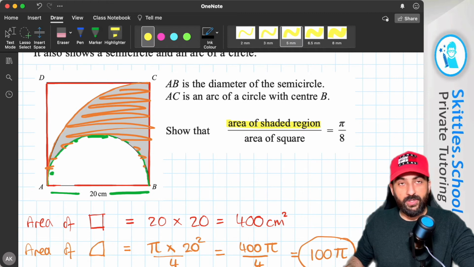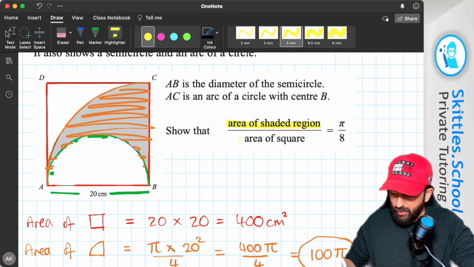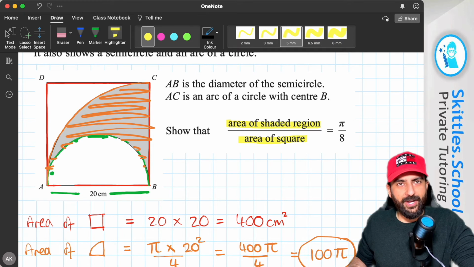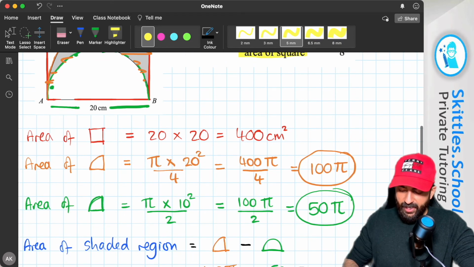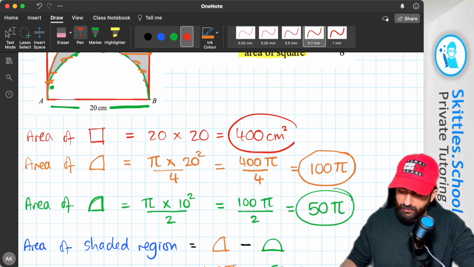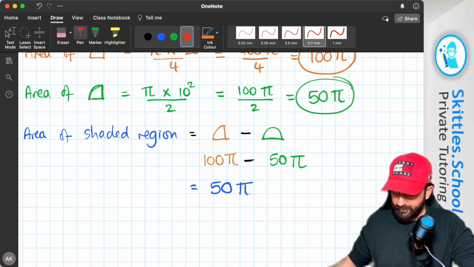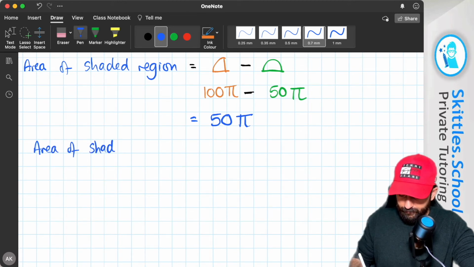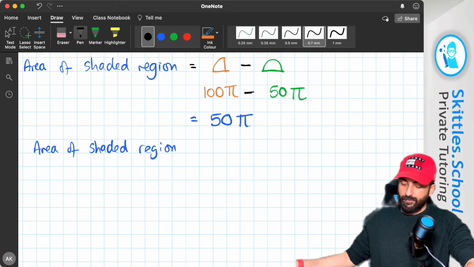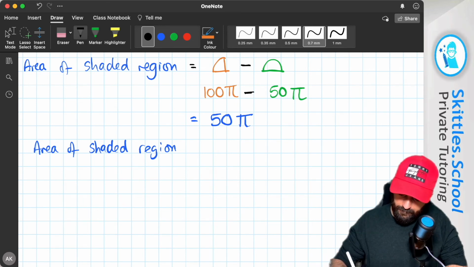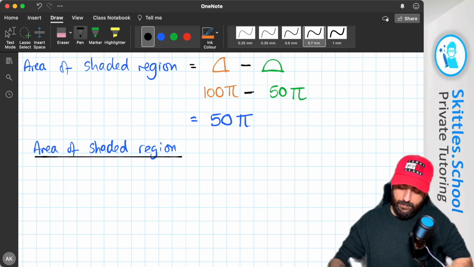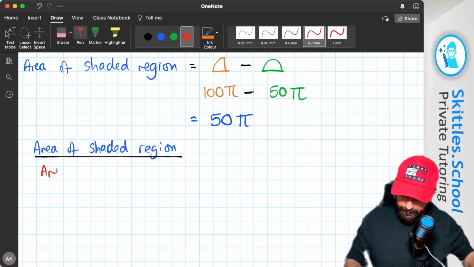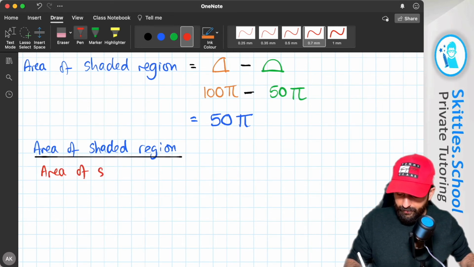Okay, so what else do we need? We've got the area of the shaded region. We need to put it over the area of the square. Well, we've worked out the area of the square before. It's 400. So let's put one over the other. So area of the shaded region over the area of the square.